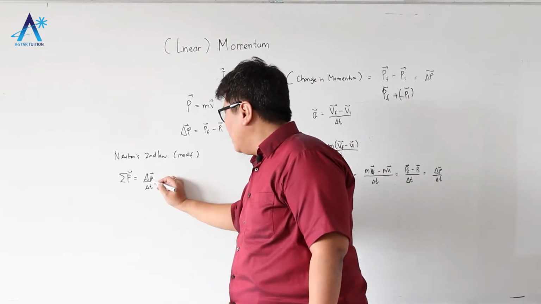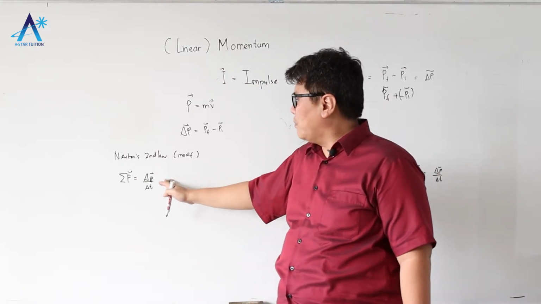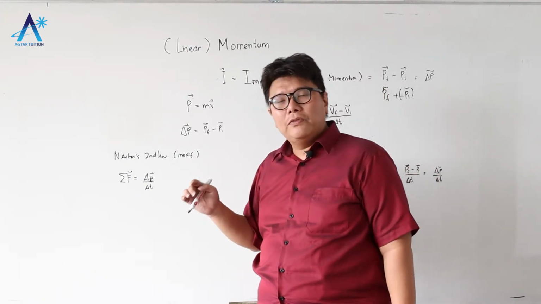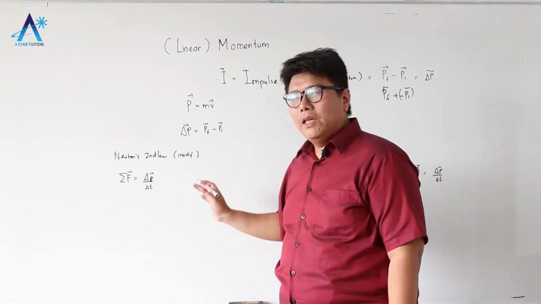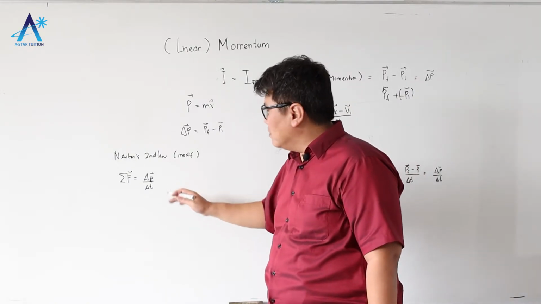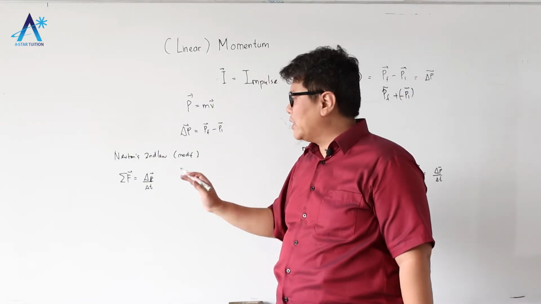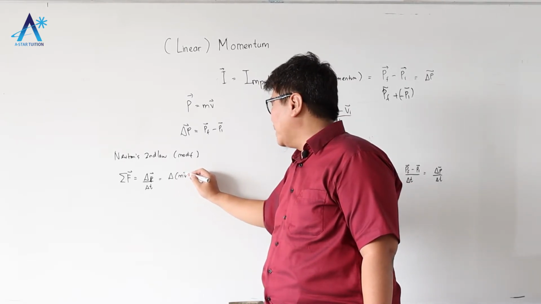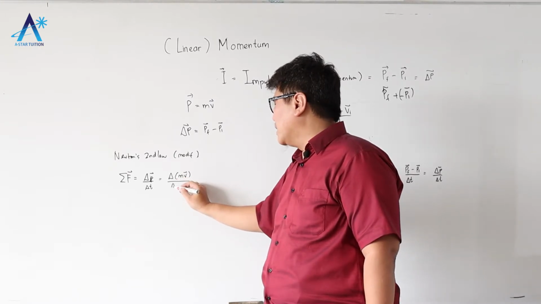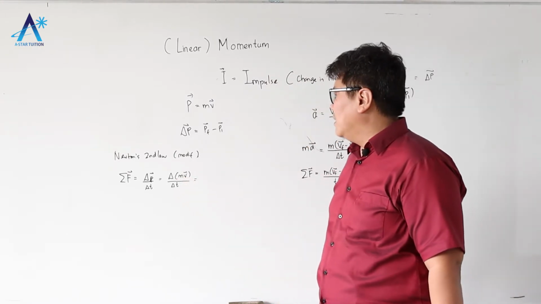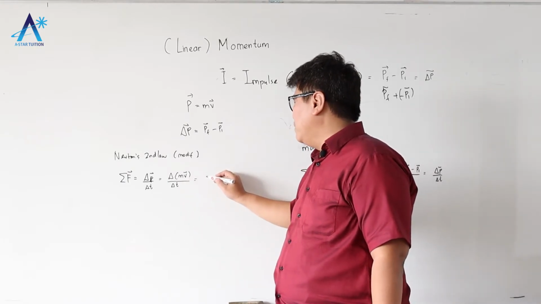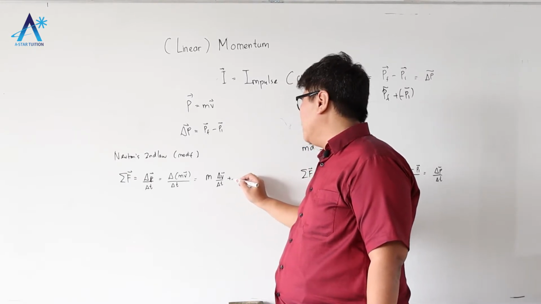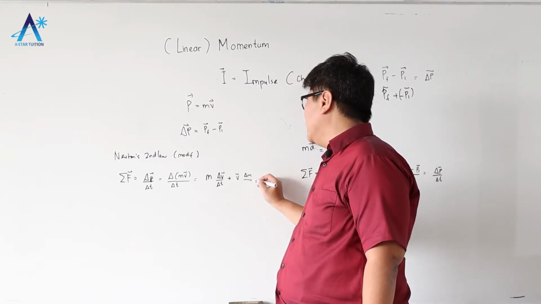Now, from this point, I want to derive something using the product rule of differential calculus. If you're not familiar with that, you can read about it, but it's actually not that difficult. So the idea is that if you have mass times velocity differentiated with respect to time, then according to the product rule, this will give you m dv/dt plus v dm/dt.